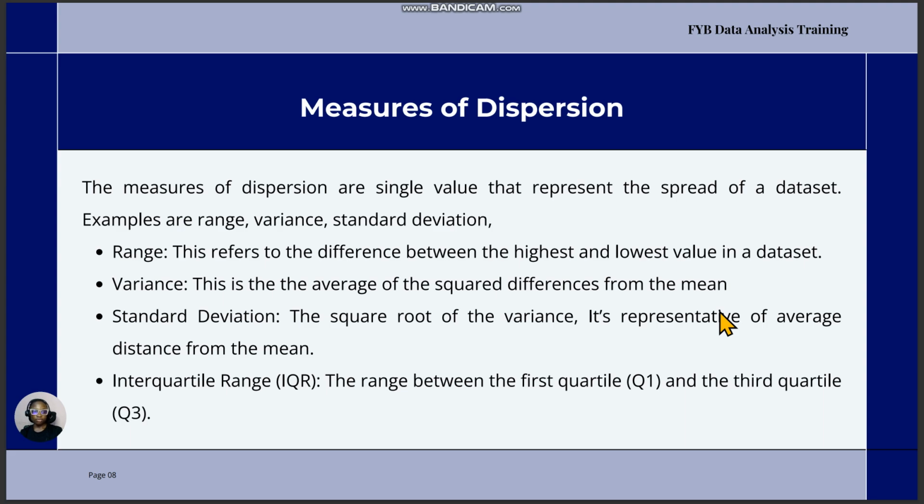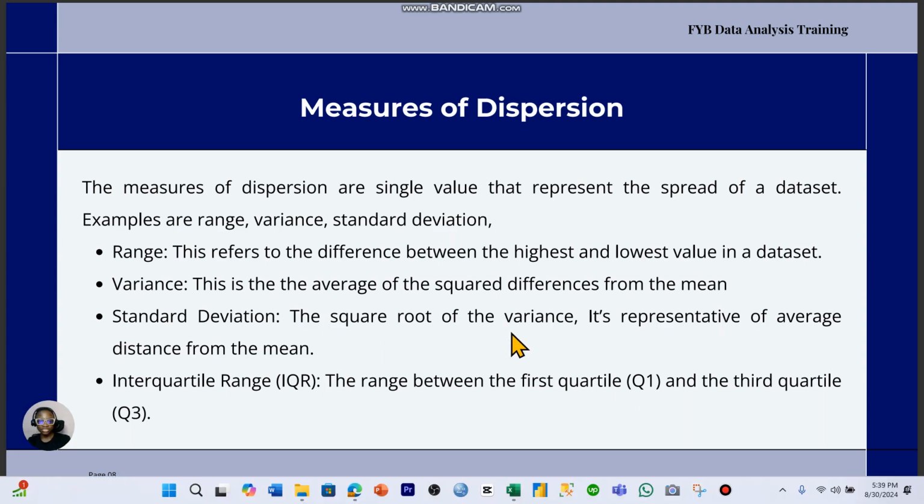For measures of dispersion, we have range, variance, standard deviation, and interquartile range. The range is the difference between the highest and the lowest value in a data set. The variance is the average of the squared differences from the mean.